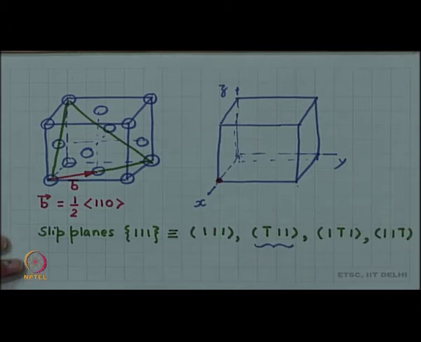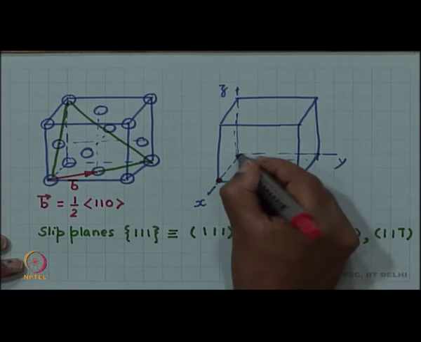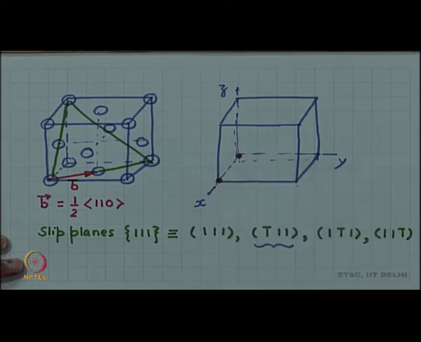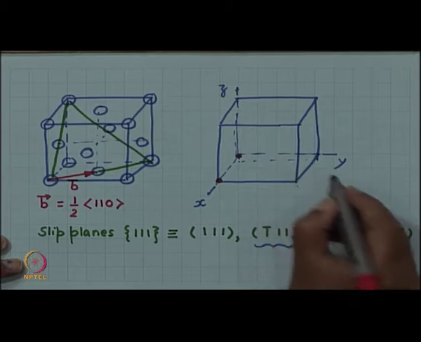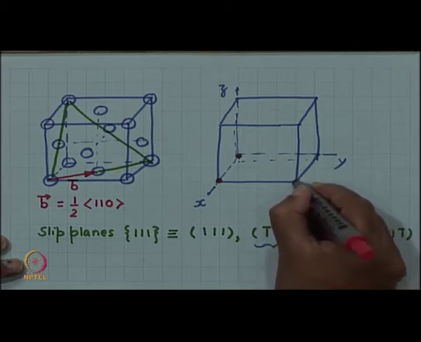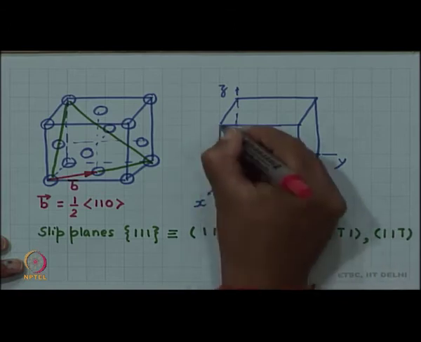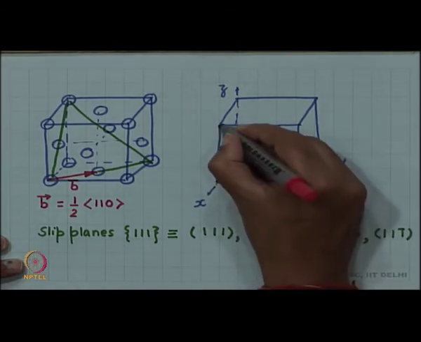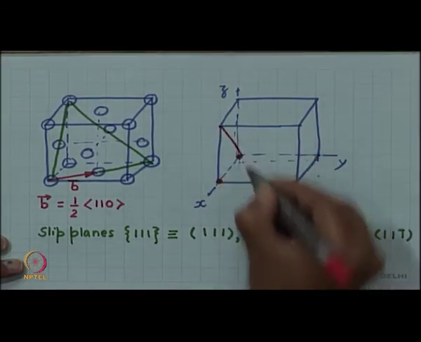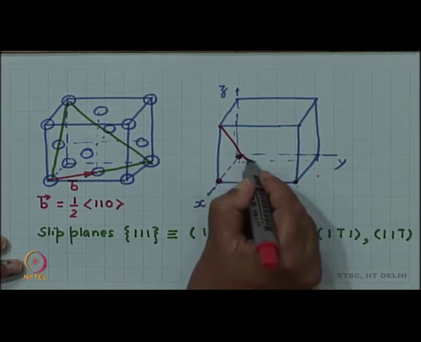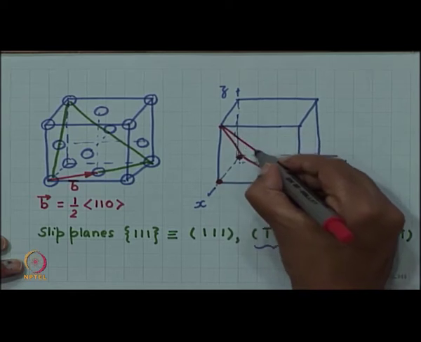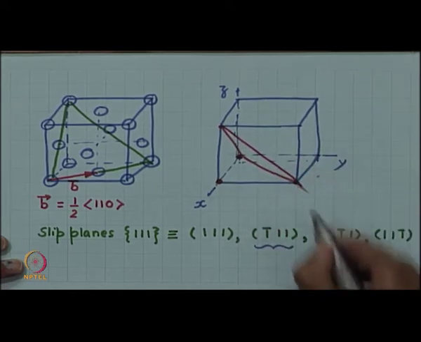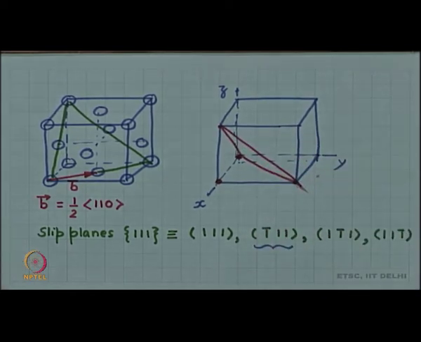So, let me select this origin, minus 1 in the x axis. So, one intersection is there, 1 in the y axis and 1 in the z axis. So, I have a plane like this.